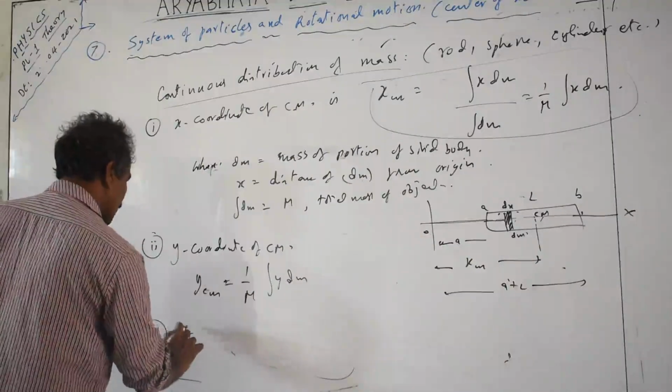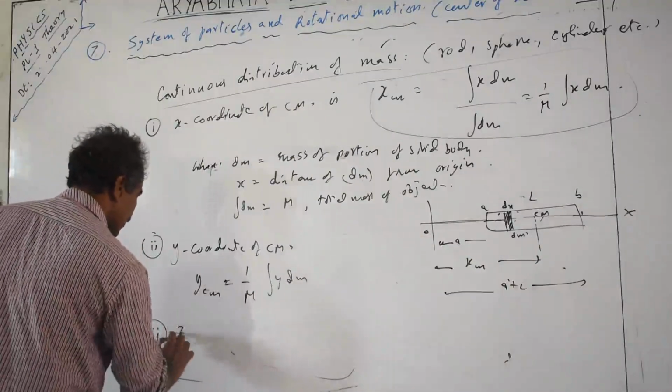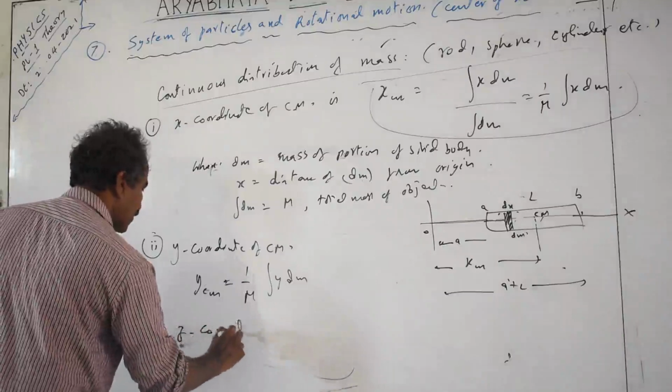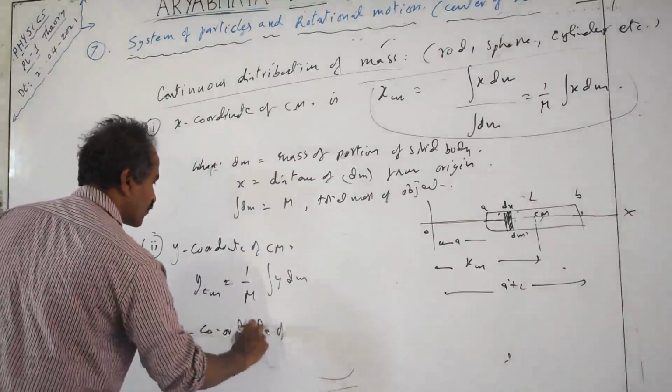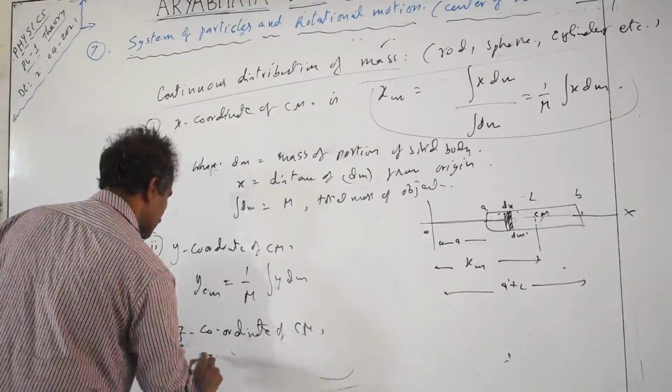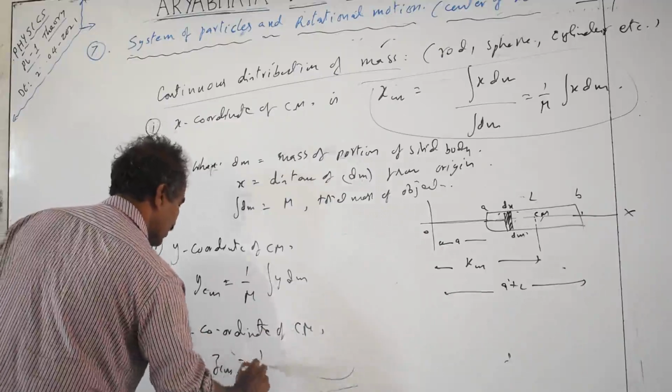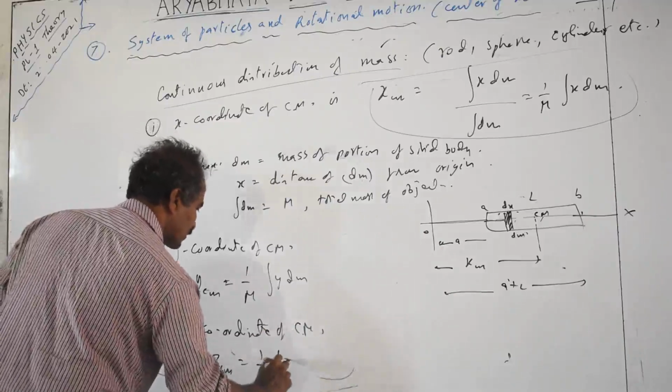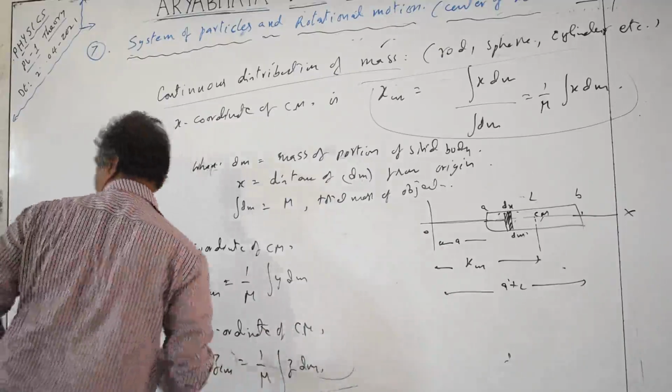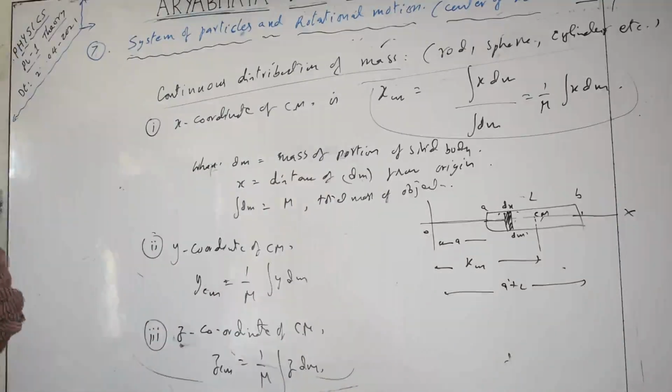Next is the z coordinate of the center of mass. zcm equal to 1 by M integration of z dm. These 3 formulas you need to remember.